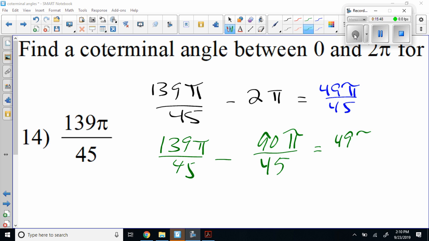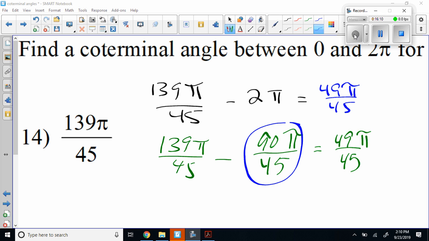49 pi over 45. Guys, what is 2 revolutions with a denominator of 45? 90 pi over 45. That's 2 revolutions, correct? I'm less than 90, am I not? Yes or no? Yes?